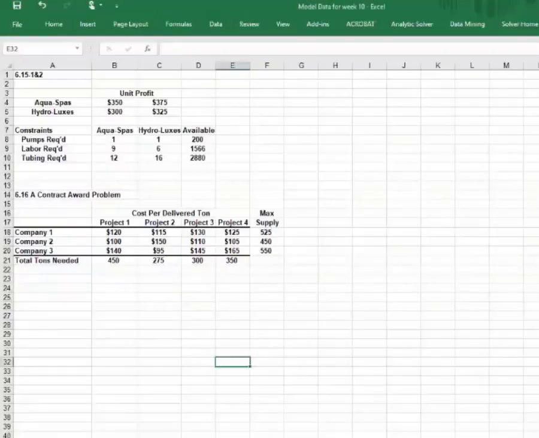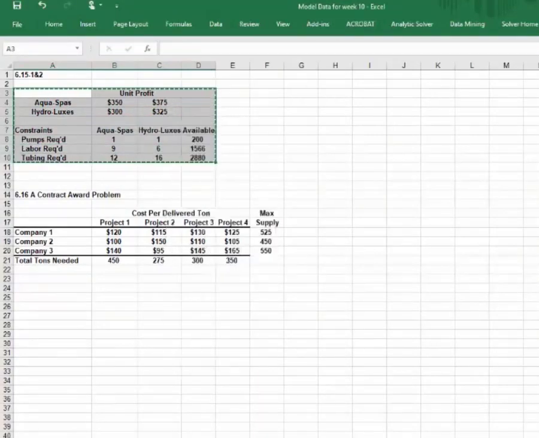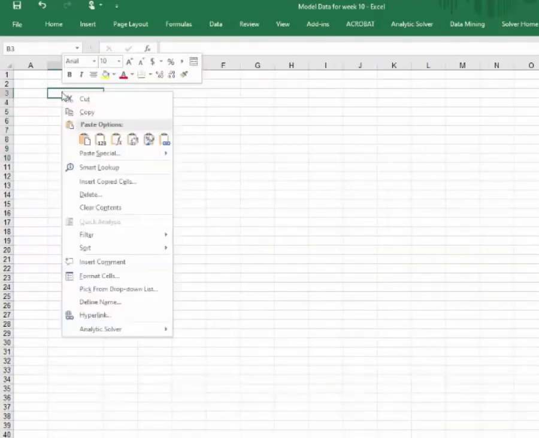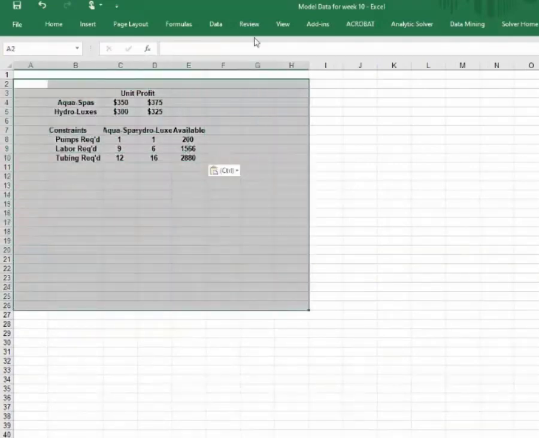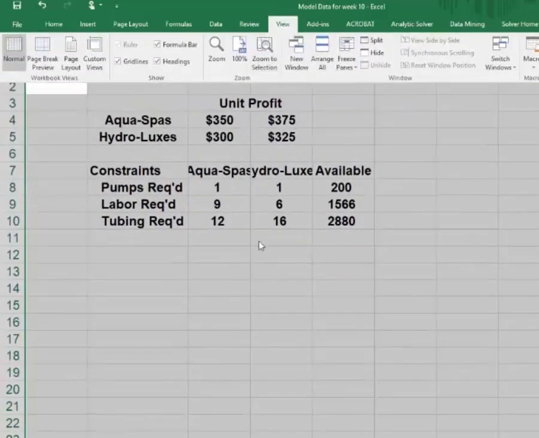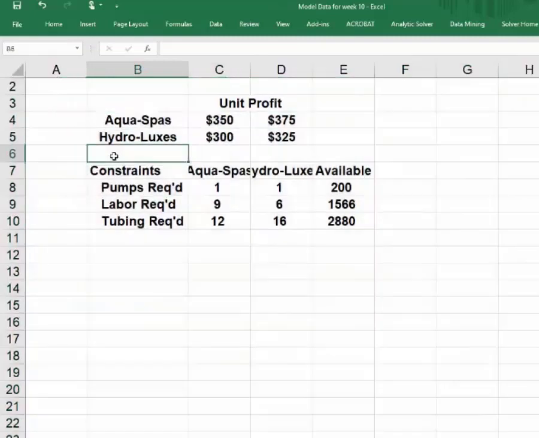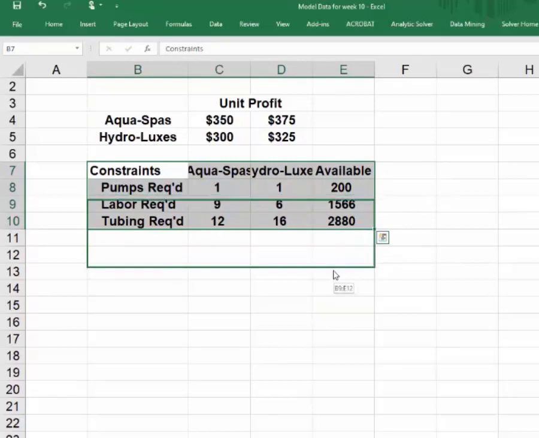Let's open the data file and copy those basic information to a new sheet. Now we have the HydroLux, the unit profit here, and the EquaBus and HydroLux here. And we're going to move this a little bit.